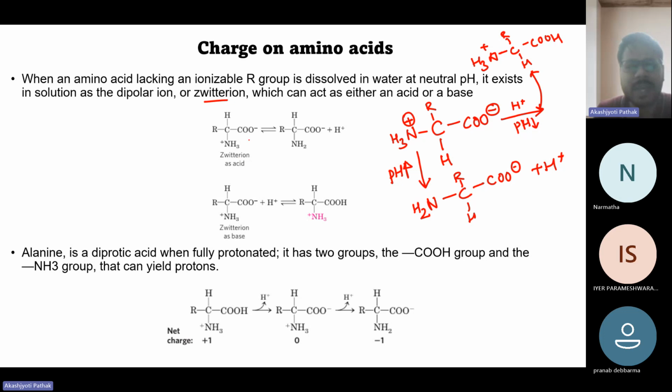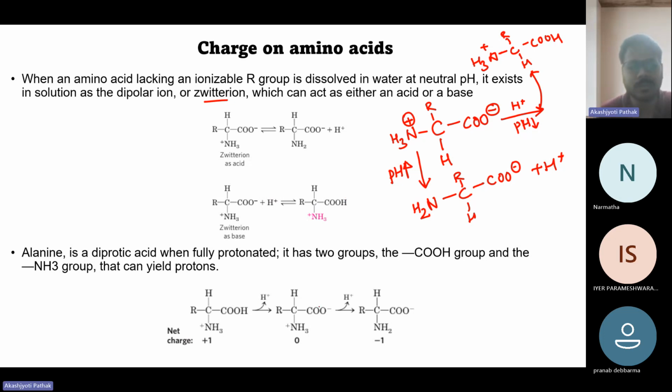When the Zwitter ion acts as an acid, this NH3 plus group liberates a proton and gets converted into NH2 CHR COO minus. If it accepts a proton, it behaves as a base, and what is generated is NH3 plus CHR COOH.